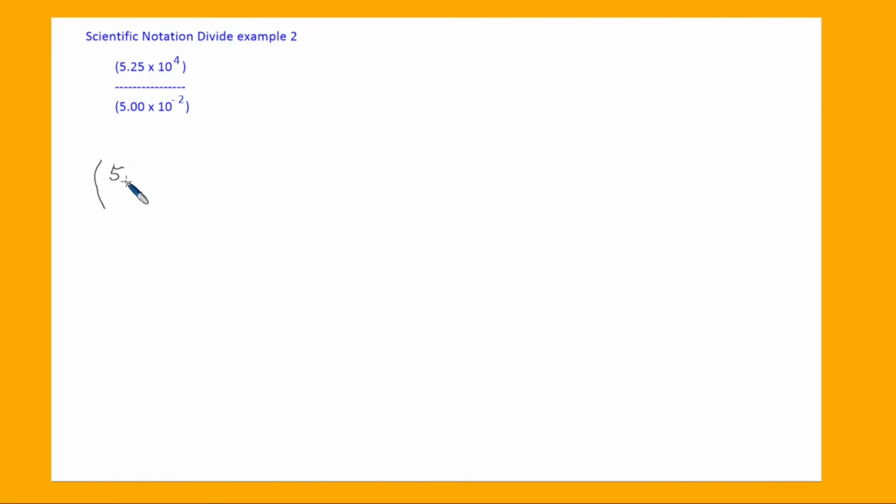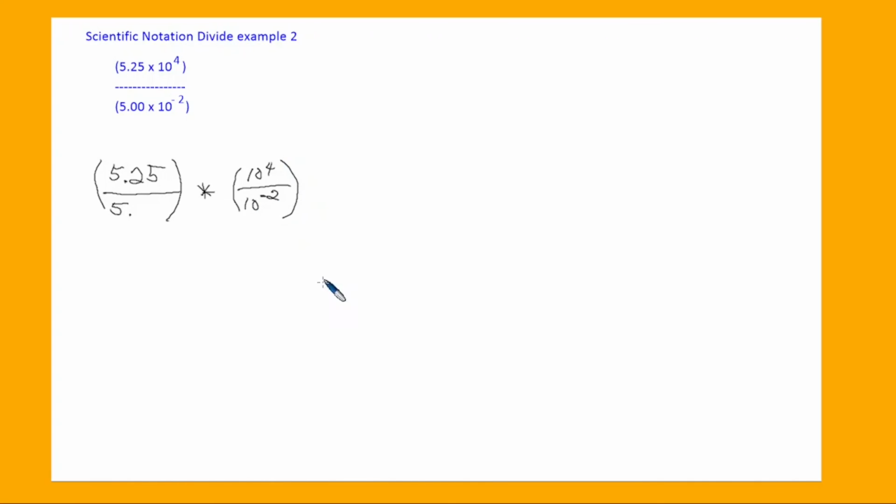So I have 5.25 divided by 5. And I don't have to put in the zeros, and it'll make it easier on the dividing, so we'll just leave it like that. And then we have times 10 to the 4 divided by 10 to the minus 2.